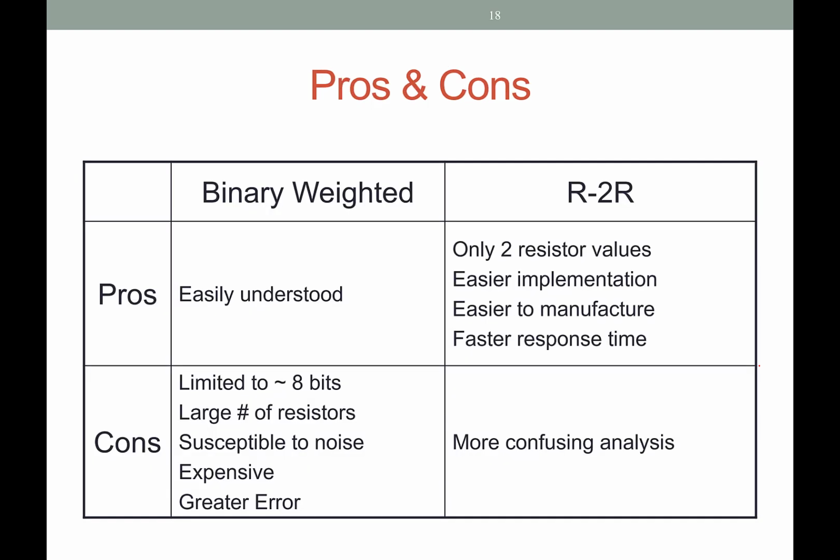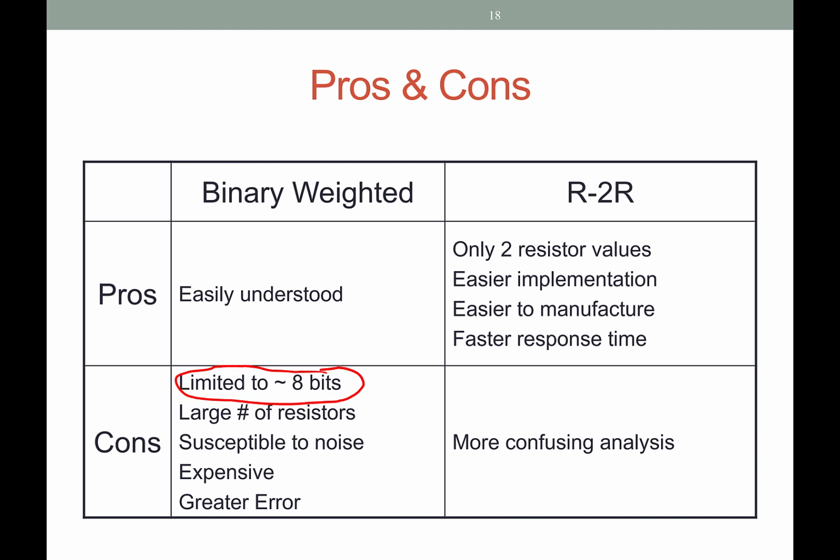So anyways, the ideas behind these two different digital to analog converters are sort of similar. The pro of the binary weighted is that I think it's the easier one to understand. The con is that you really aren't going to have much ability to go higher than 8 bits because of those resistor problems that we talked about.